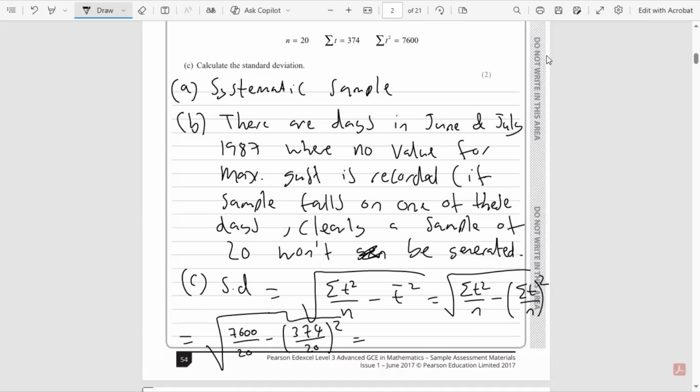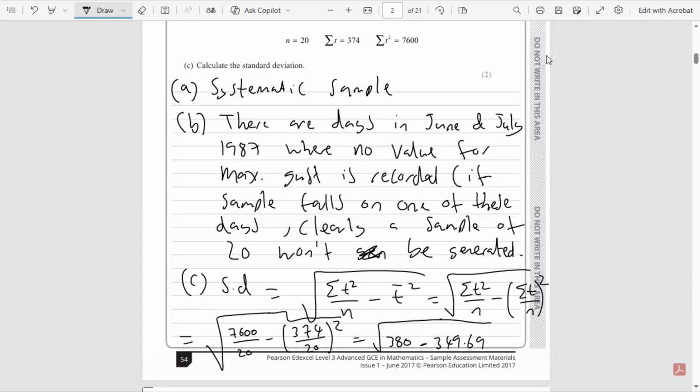There we go. So if we just work out what this would give us, we've got 7600 divided by 20. That first value is 380. And then minus this value, 374 divided by 20, square that number, 349.69. So minus 349.69.